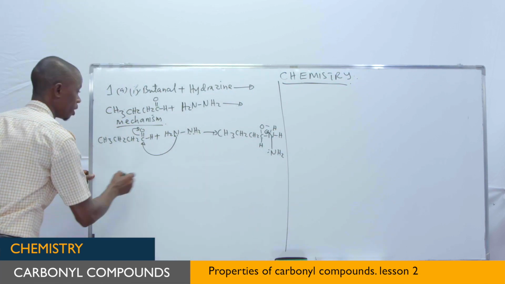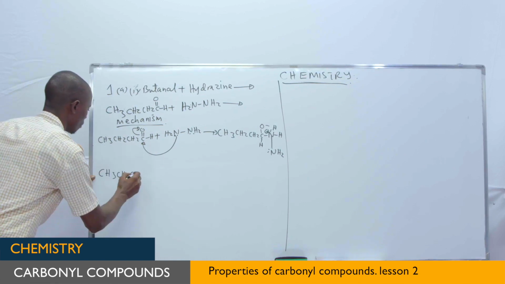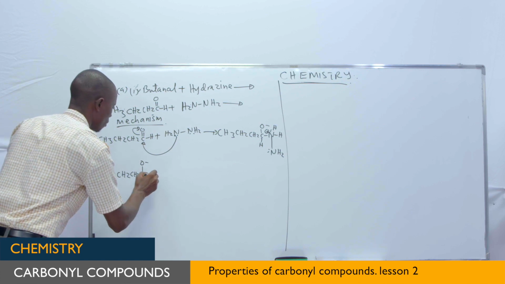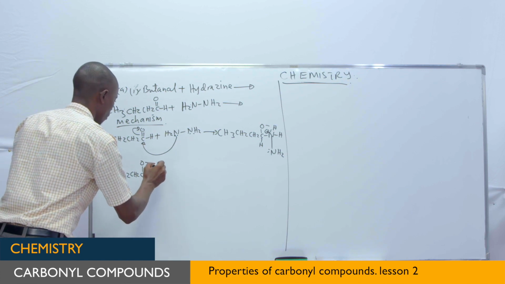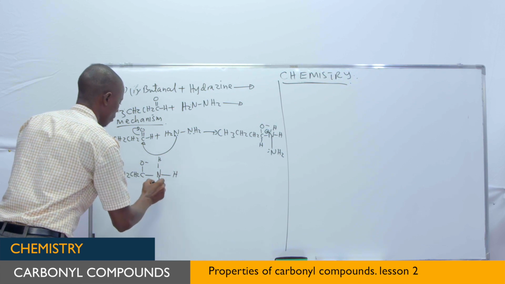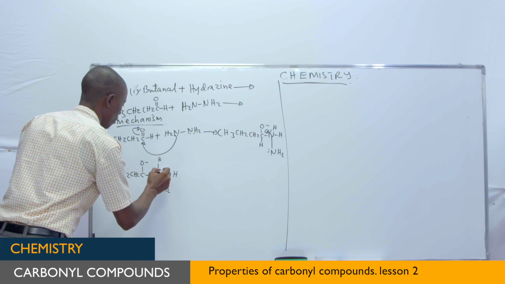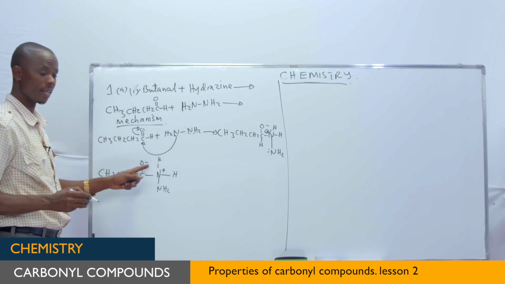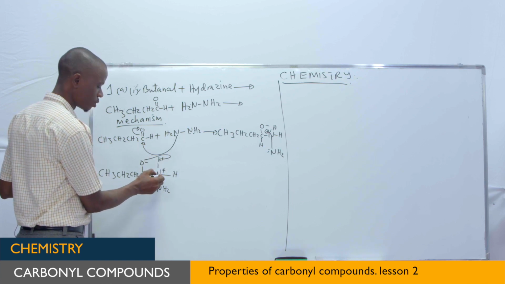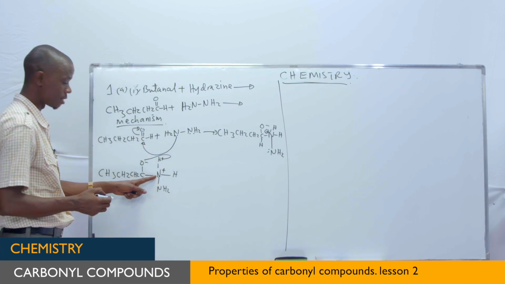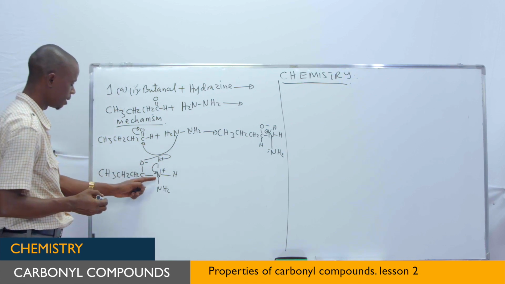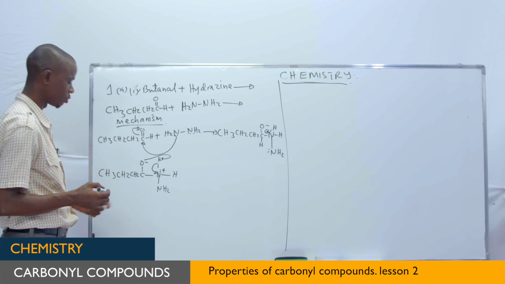Now, if that is the case, we can proceed with the mechanism. What will happen here is that this takes this proton, and because this nitrogen atom needs stabilization, this sigma bond will break heterolytically, giving back the lone pair to the nitrogen atom.